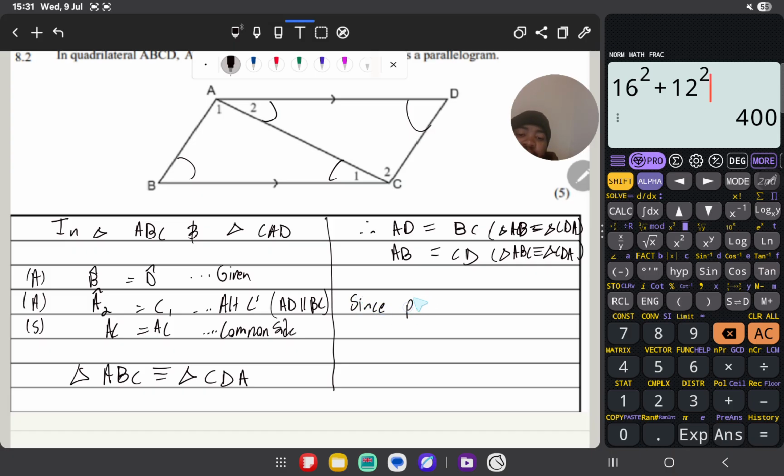since both pairs of opposite sides are equal, right?